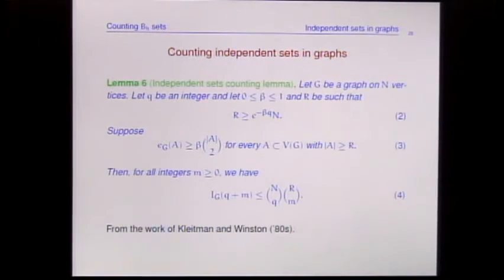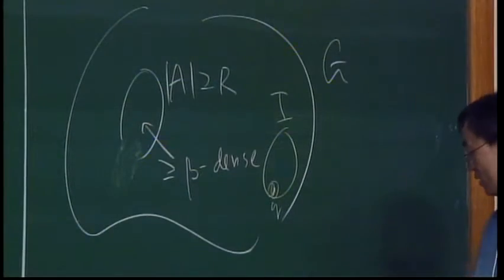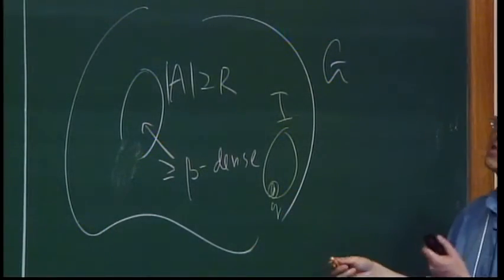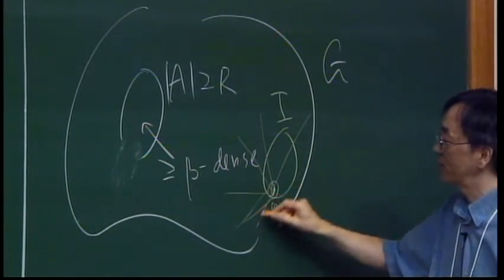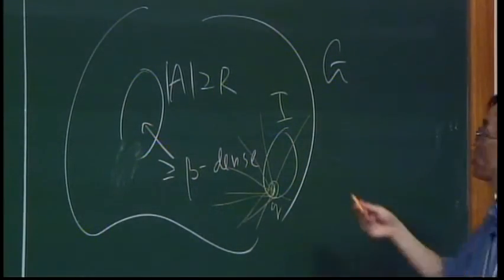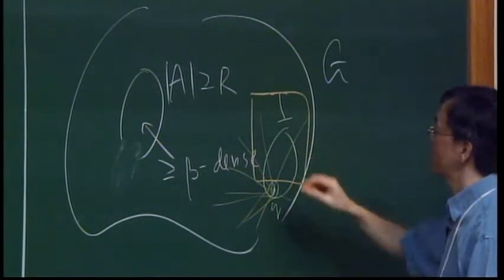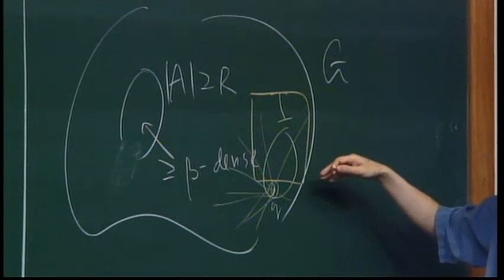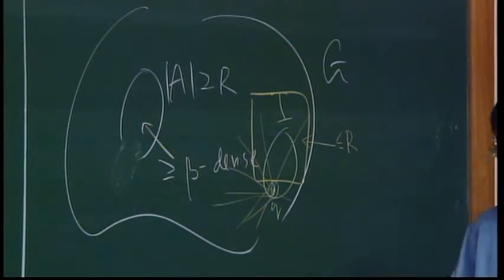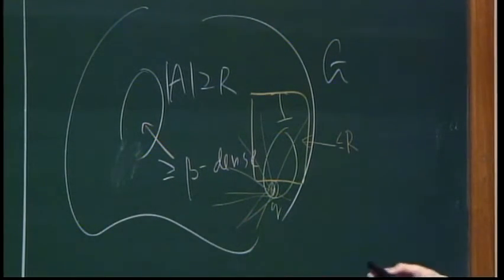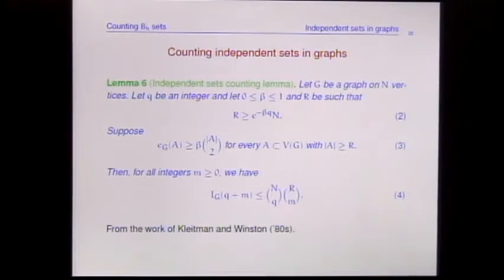Once you put this seed set Q, because of this density condition, you prove that these points forbid lots of other vertices in the graph. You show that the remainder of this independent set must be contained in some set of size at most R. Very roughly speaking, we are talking about density beta, so on average every vertex has beta times n neighbors.